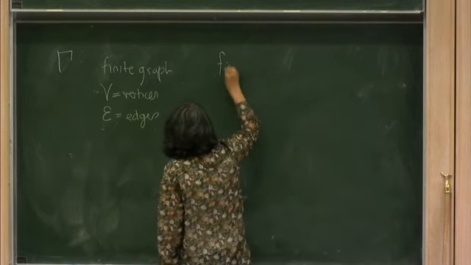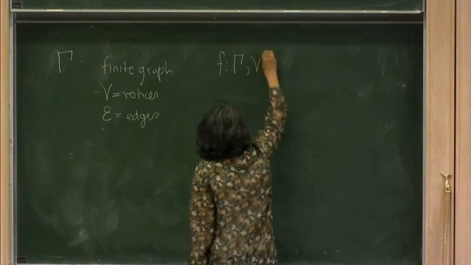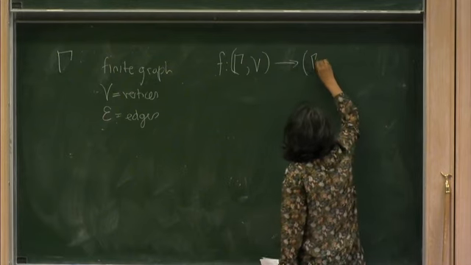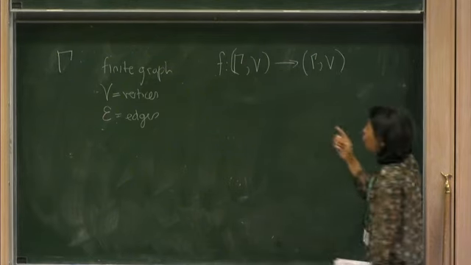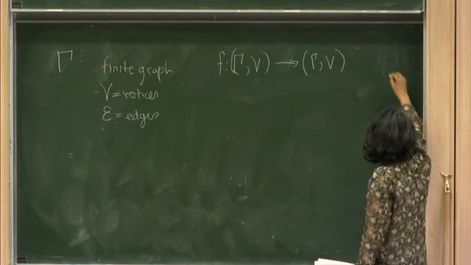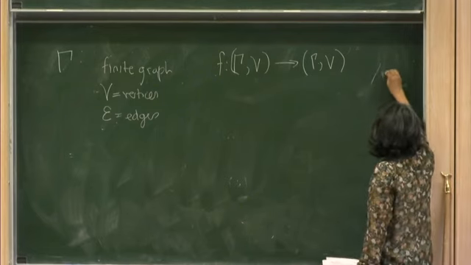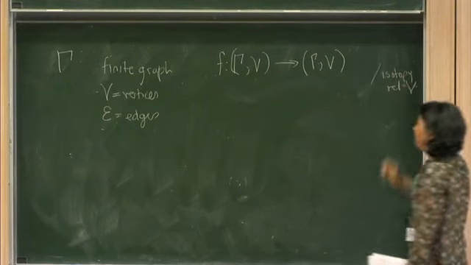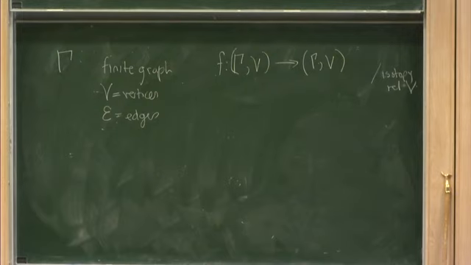And a graph map is a continuous map on the pairs. So vertices have to map to vertices, and it has to be continuous. So edges will map to edge paths. And we usually think of this mod isotopy rel the vertices. So it's a combinatorial thing, basically.